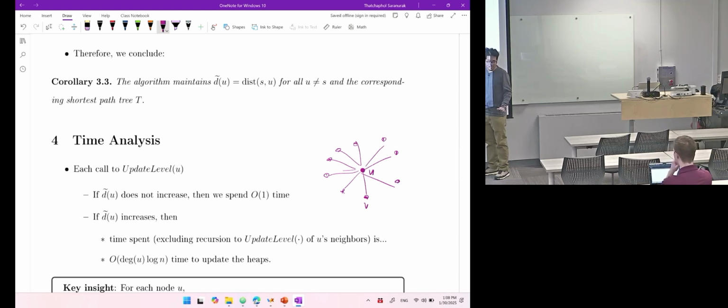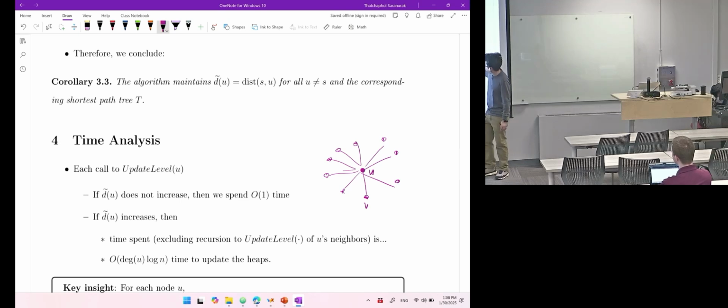That seems like a lot. But the time you spend on update level V is either constant or degree of V again.